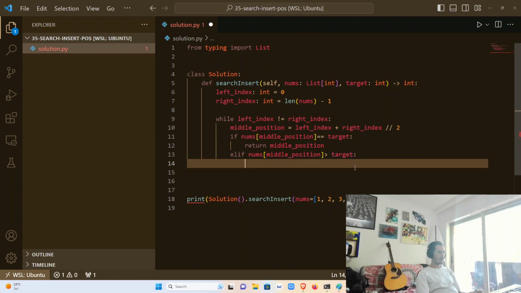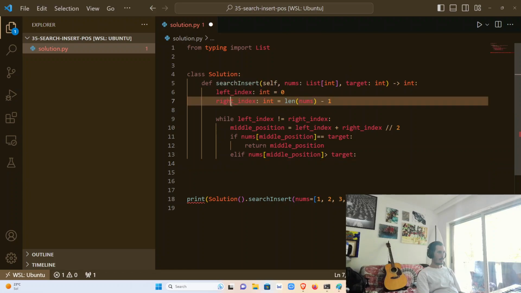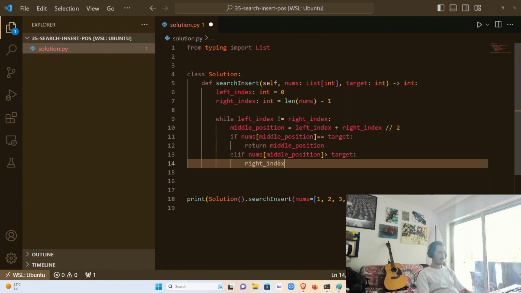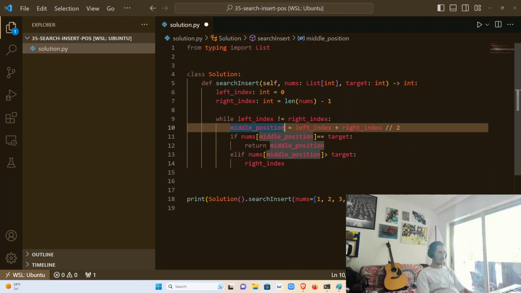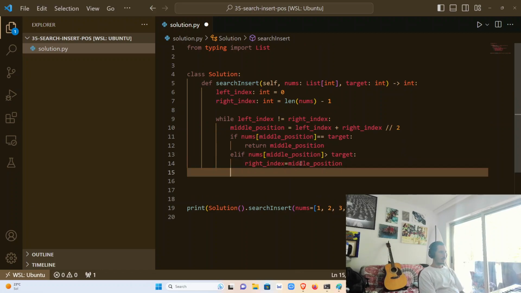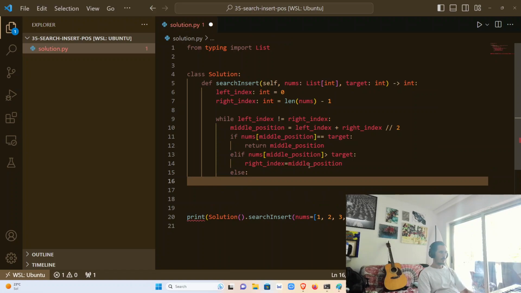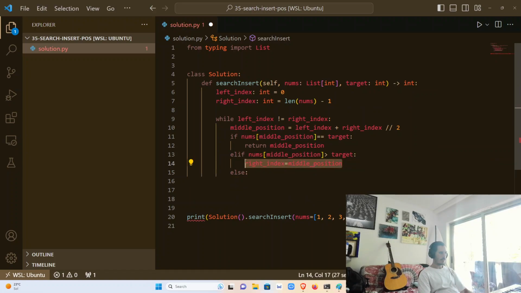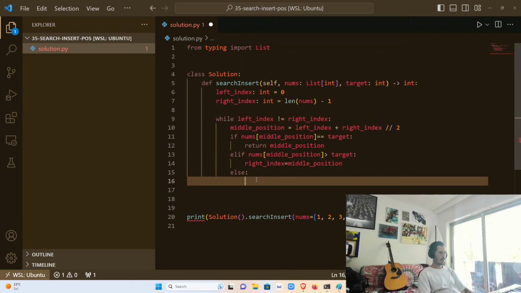So we can do something like right index equals middle position, and else left index equals middle position.